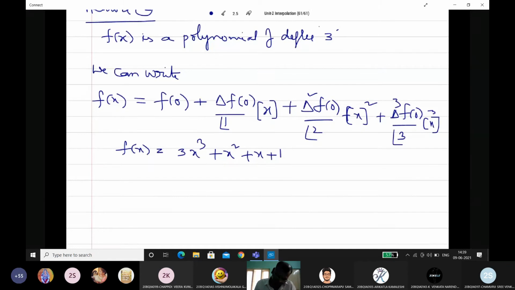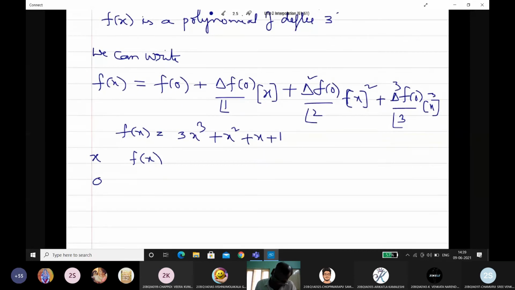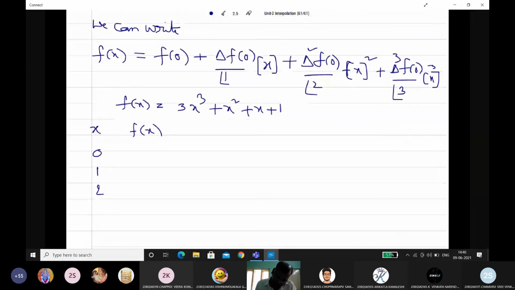By taking x is equal to 0, 1, 2, 3. If we put x is equal to 0 in the function, what does f of 0 become? 1. Next, x is equal to 1 gives 3 plus 1 plus 1 plus 1, that is 6.